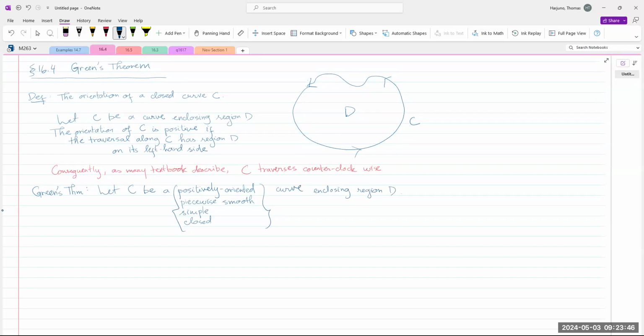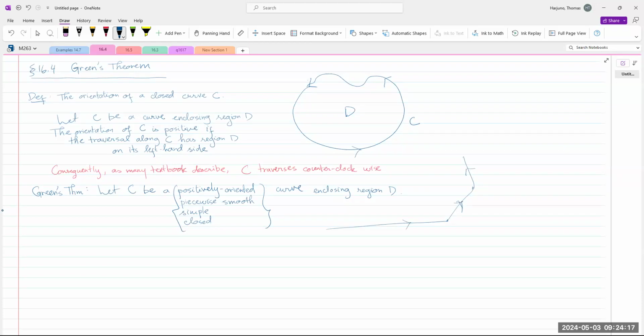So before I go on, if you look at the C that we have above, it's positively oriented. Piecewise smooth means that the first derivative of r(t), if you parameterize it, is smooth and not equal to 0 except at some countable number of points. So let's say it looks like this.